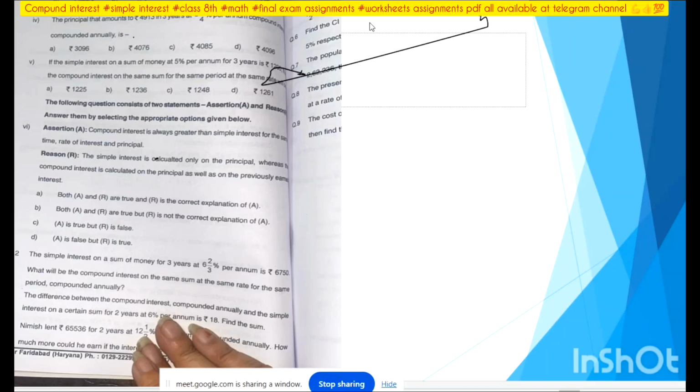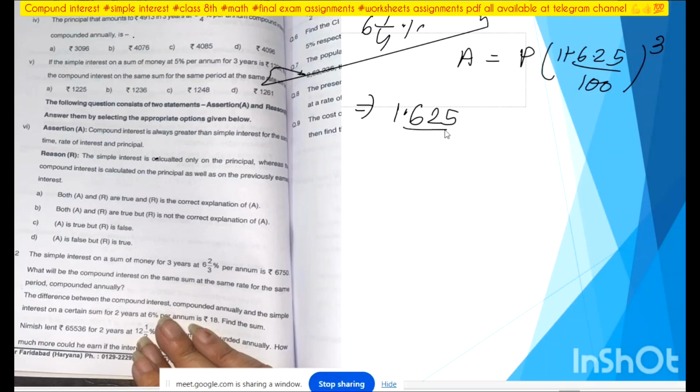So here you have 681 by 4. This I can write as how? Amount is equal to principal 1 plus 6.25 divided by 100. I can write like this way, 3 times. So it becomes 1 plus 6.25 by 100 is equal to 17 by 16.